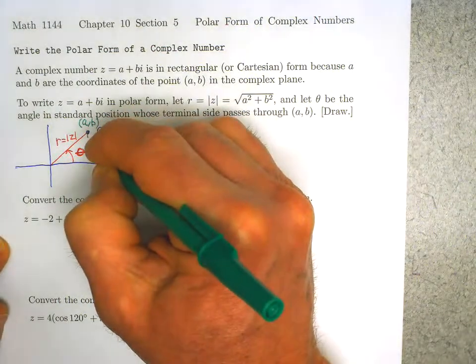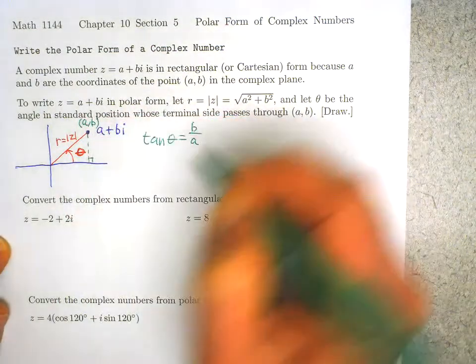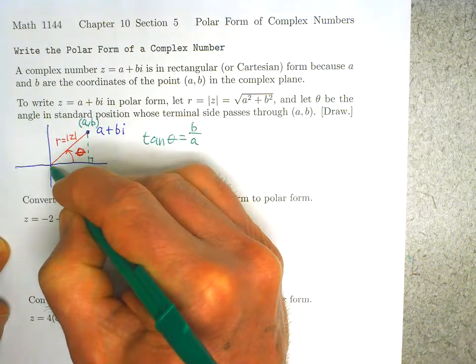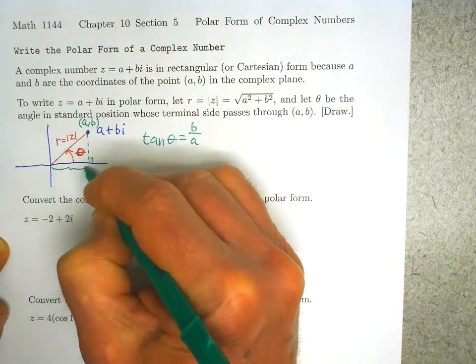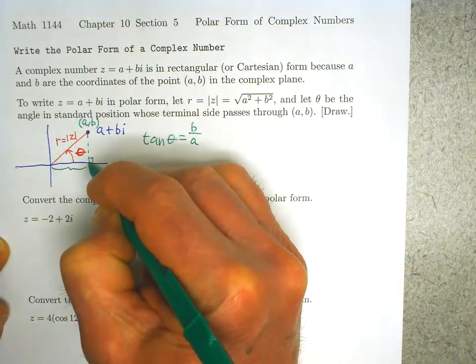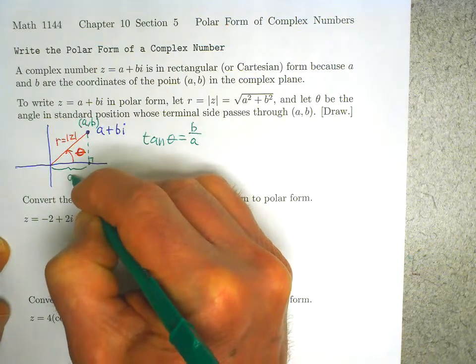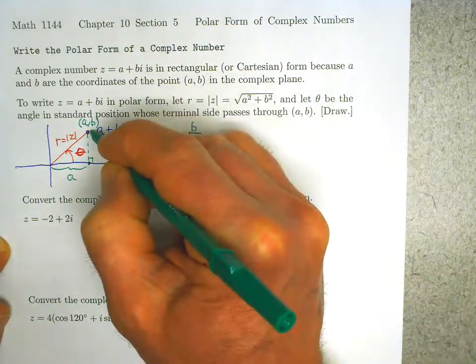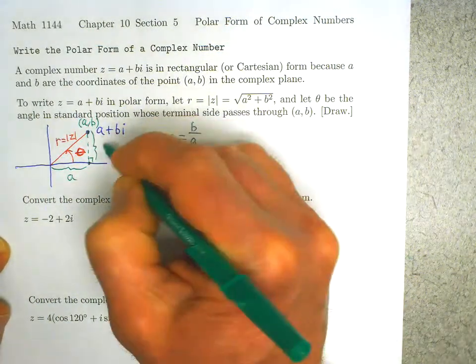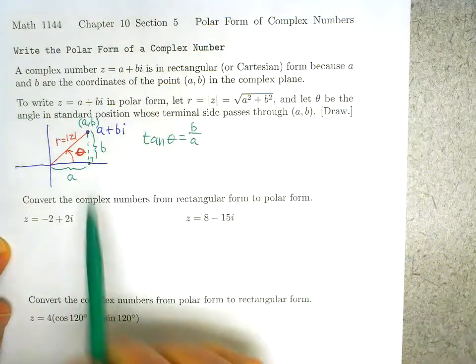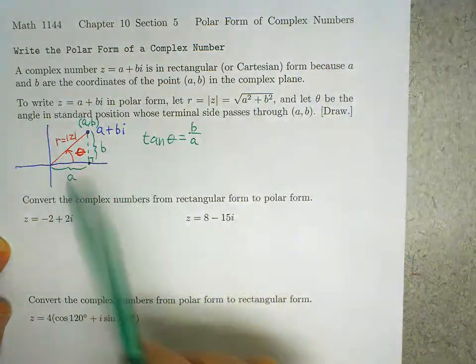I'm sure you remember, but if you construct this right triangle, then from the origin to this point on the real axis is a, and the vertical side is length b, so tangent of theta is b over a.